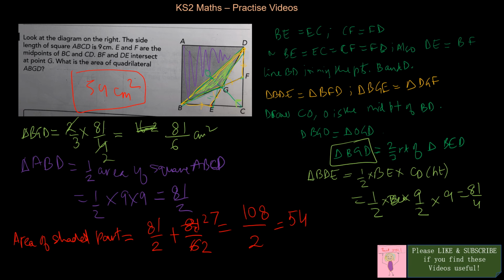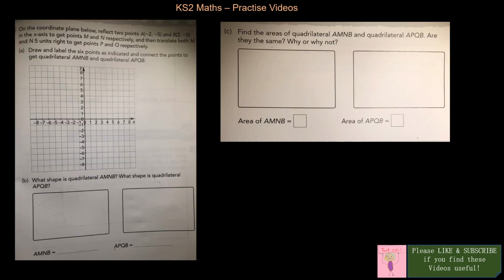Okay, so we look at the next one, which is this. This is telling us on the coordinate plane below, reflect the 2 points A (-2, -5) and B (2, 5). So we have to first plot the 2 points. A is x equal to minus 2 and y minus 5, which will be here.